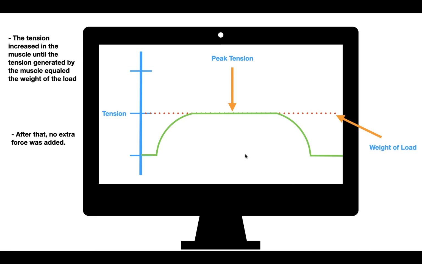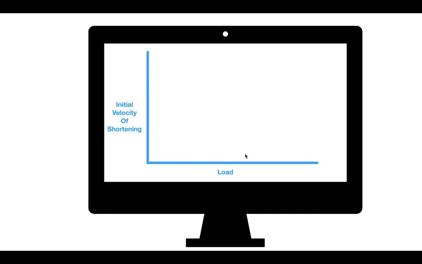So now that we know this point, let's look at the second thing that we can learn from it. And the second thing is the relationship between the initial velocity of shortening and the weight of the load. So let's take a look. This computer shows the relationship between the initial velocity of shortening and load.